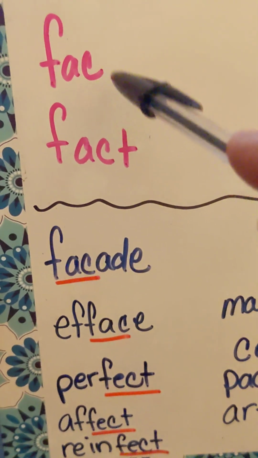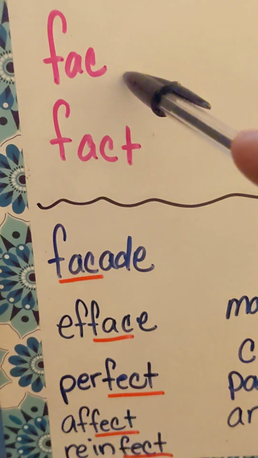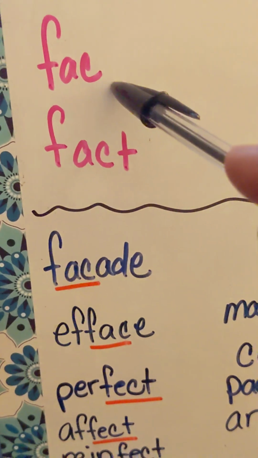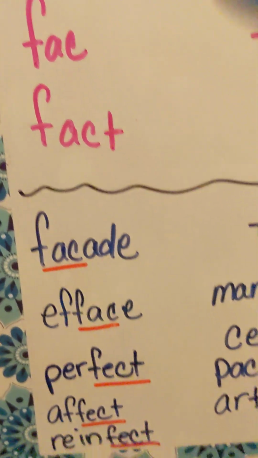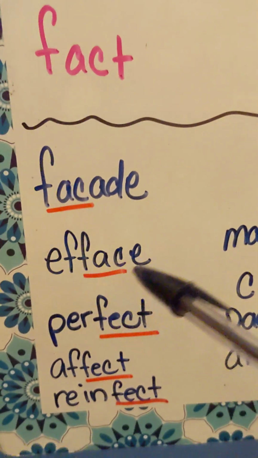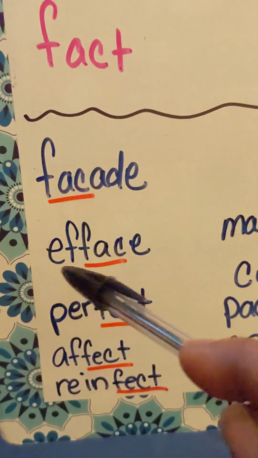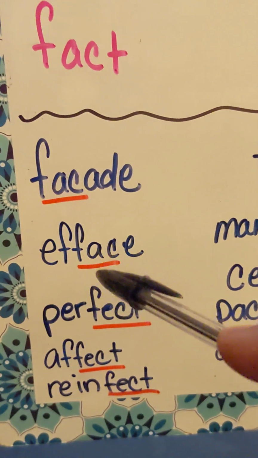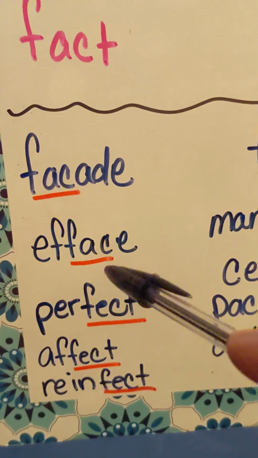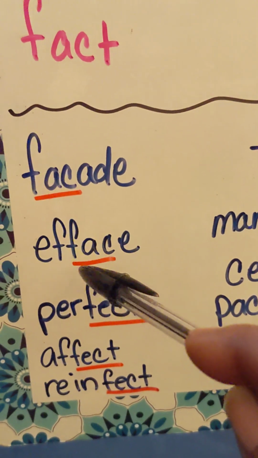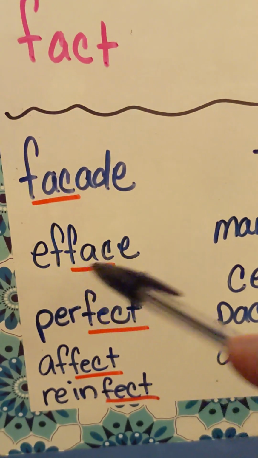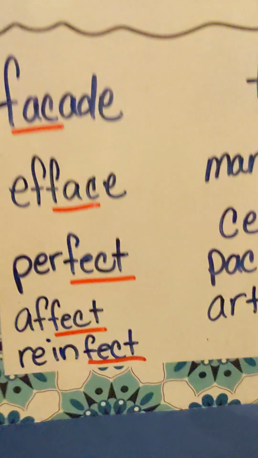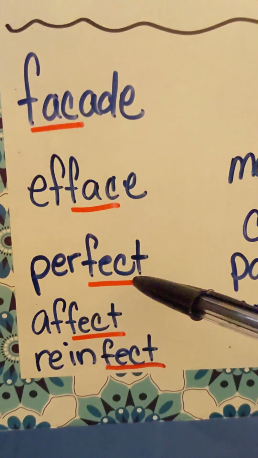It may not be literal and exact, but it has something to do with its root definition. Does that make sense, guys? Efface means to erase, and there's really not a literal translation except to say that with this root word in it, it means to make disappear, okay?